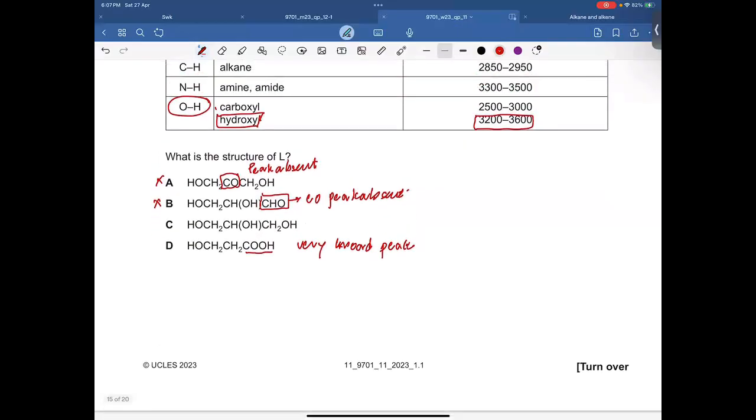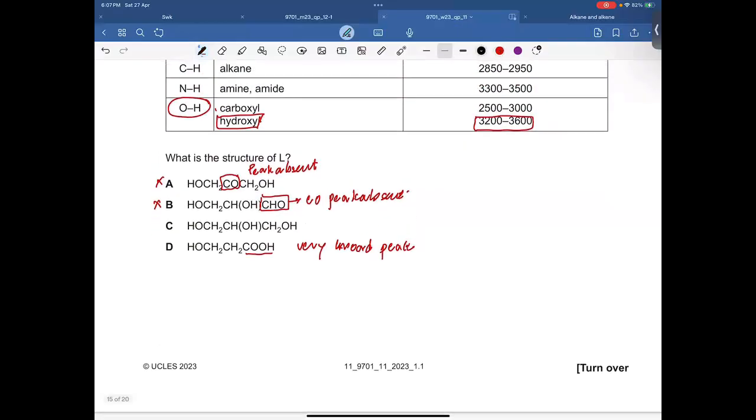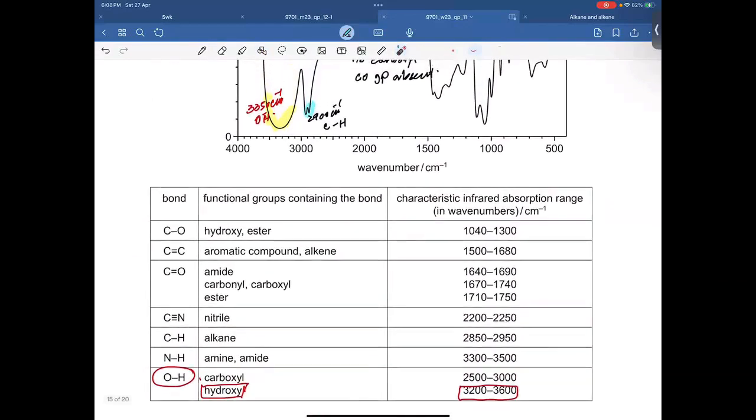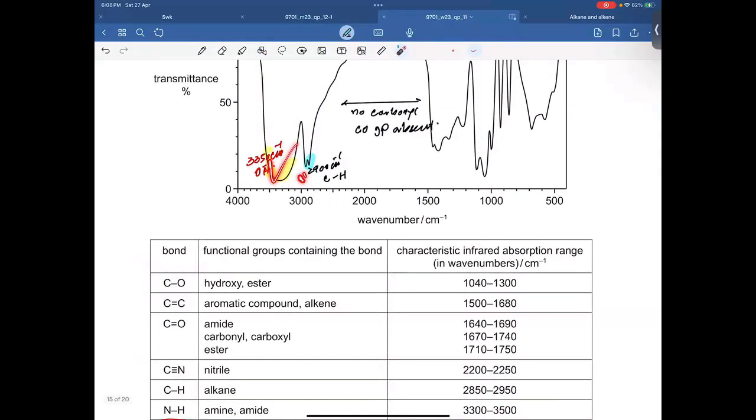Very broad peak of carboxylic acid can be drawn like this. Right? This is a very broad peak. So this shape is not given in the spectrum, which means D is also incorrect. And therefore C is going to be the right answer, because in C we have only alcohol functional group. And that's what the spectrum is talking about.